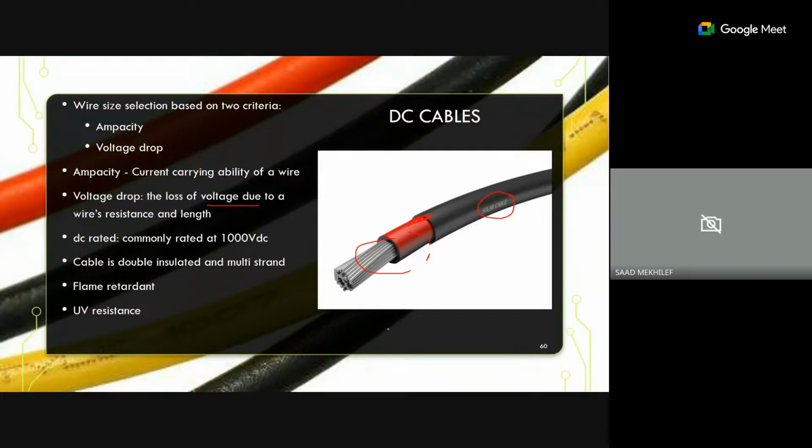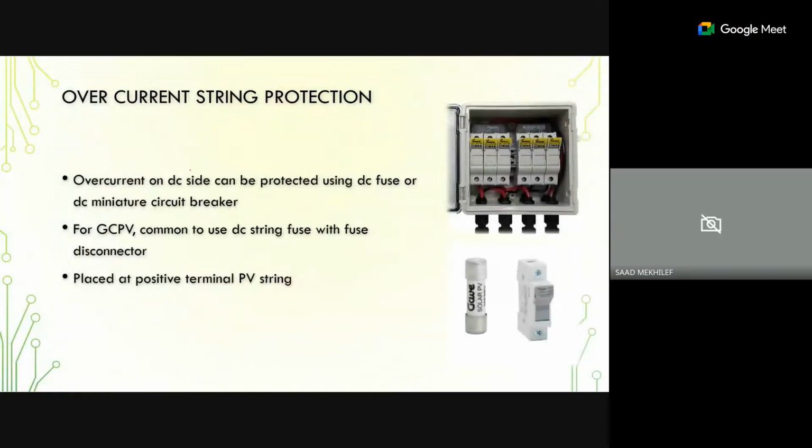The same goes for protection, we call them string protections. Usually we see here solar PV. These are designed for DC circuit breakers, DC fuses or DC circuit breakers. So this is very important.